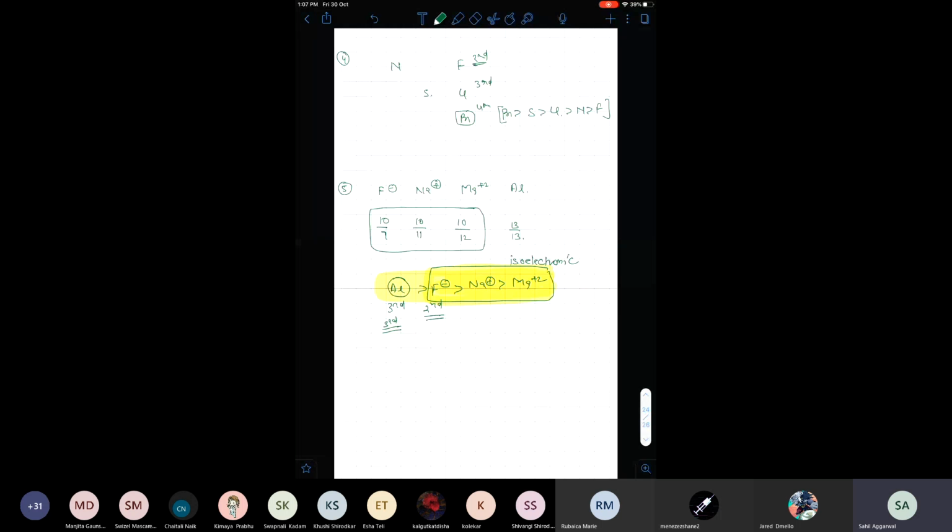Okay, let's solve some questions with electronic configuration.